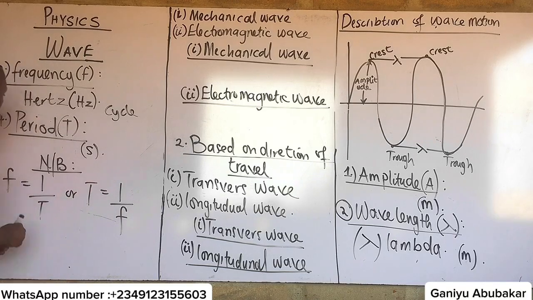The fifth one is called wave speed, or wave velocity.